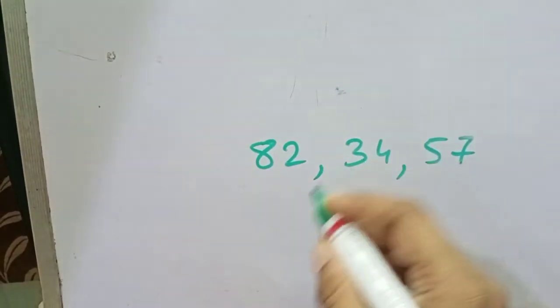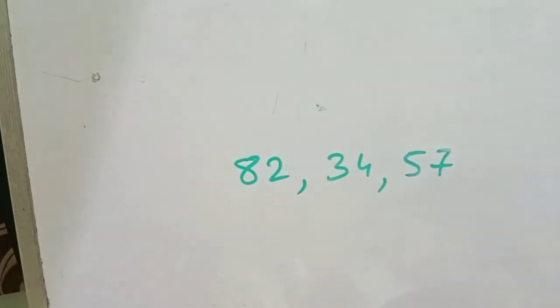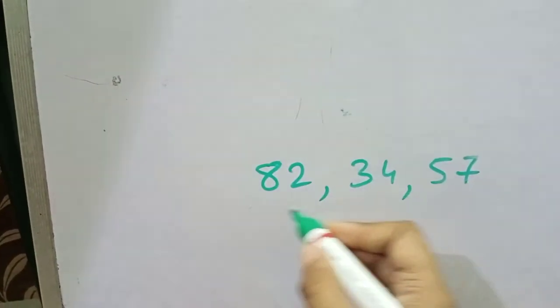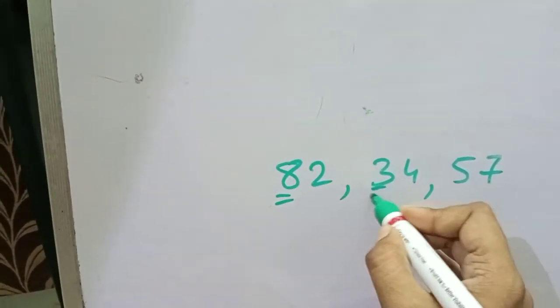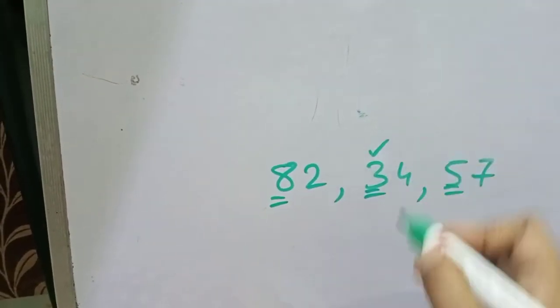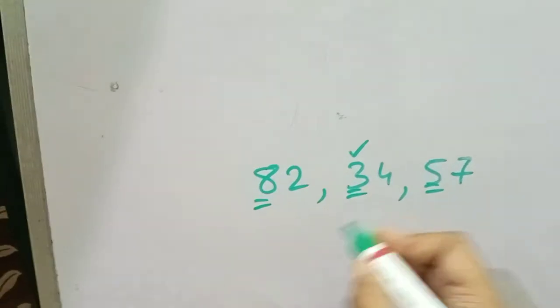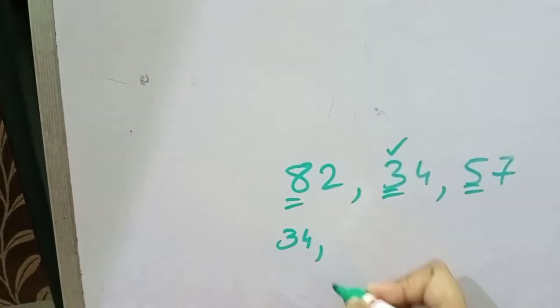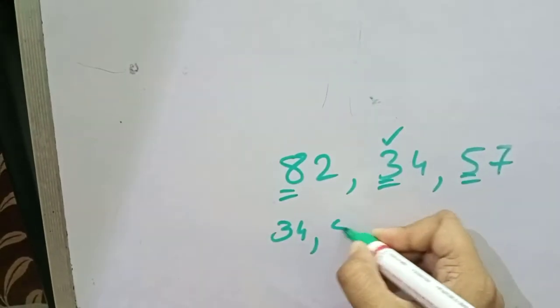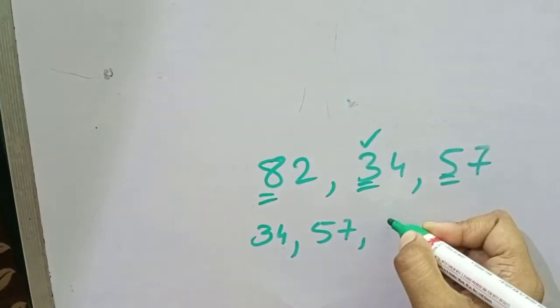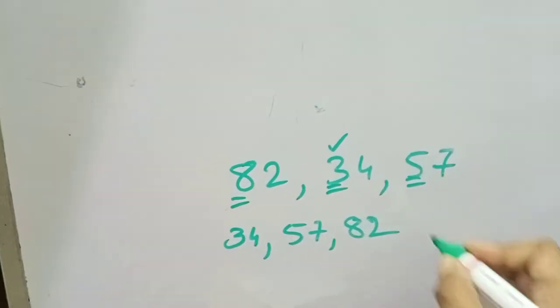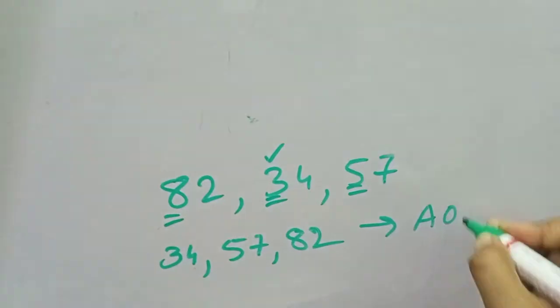That means from smaller to higher. So here again, looking at the tens place, you can see this value is the lowest. So 34 will be the smallest number. Next to it is 57 and then 82. So this is in ascending order.